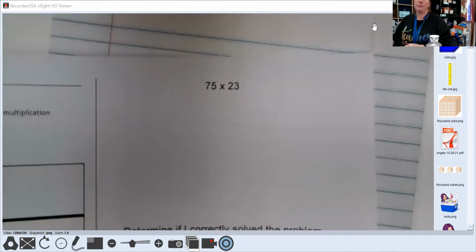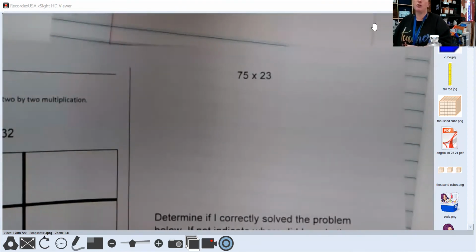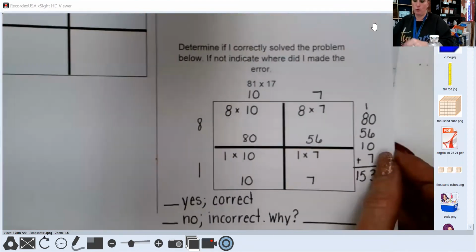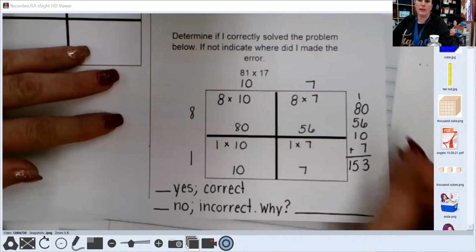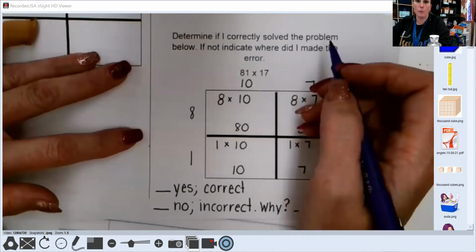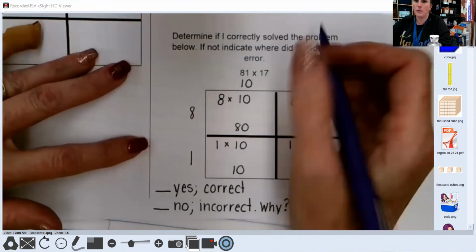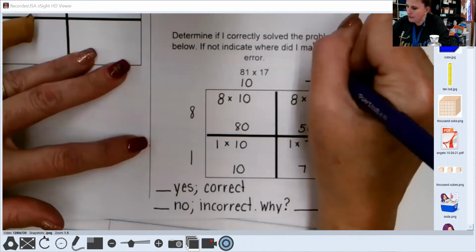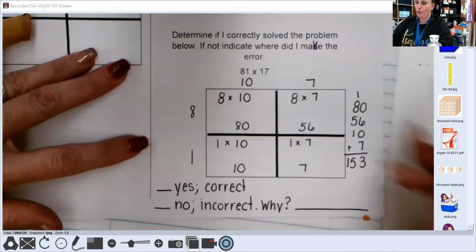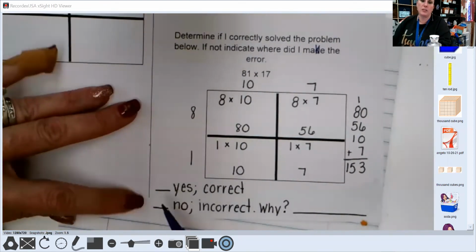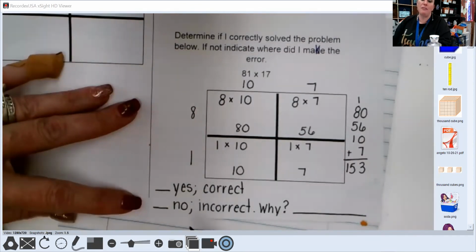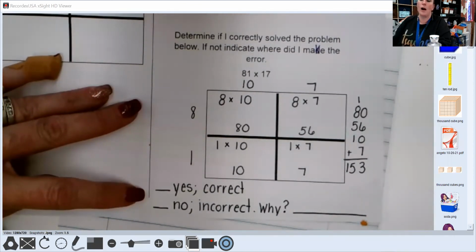The next problem is 75 times 23. And then the last one says determine if I correctly solved the problem below. If not, indicate where I made the error. So here is my problem, and you need to mark either yes or no if I did it correct. And if I didn't do it correct, you need to tell me why.